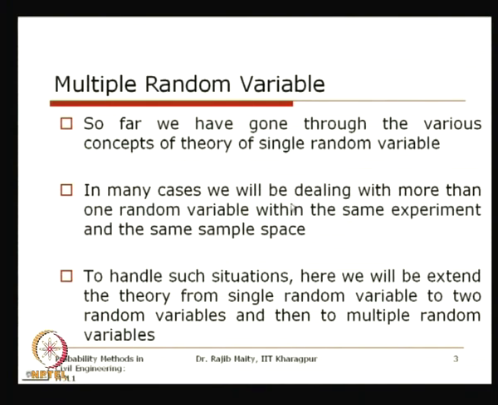As I told, so far we have gone through the various concepts of the theory of a single random variable, and in many cases we will be dealing with more than one random variable within the same experiment and the same sample space. Before I go to the civil engineering problem, an example is the throwing of dice.